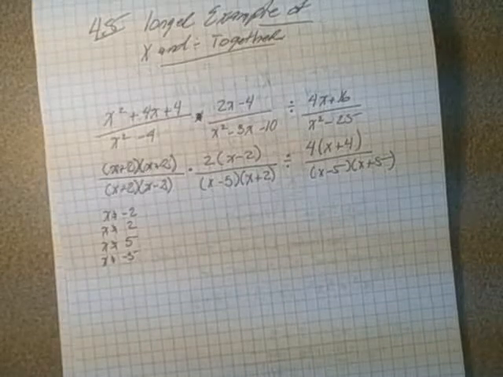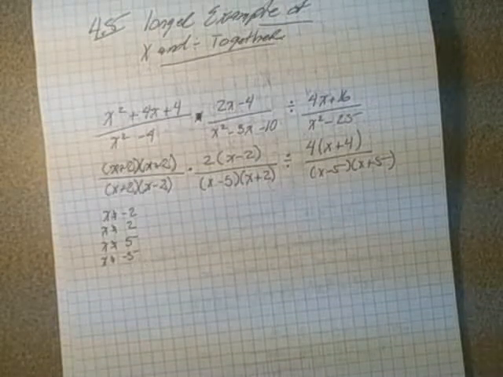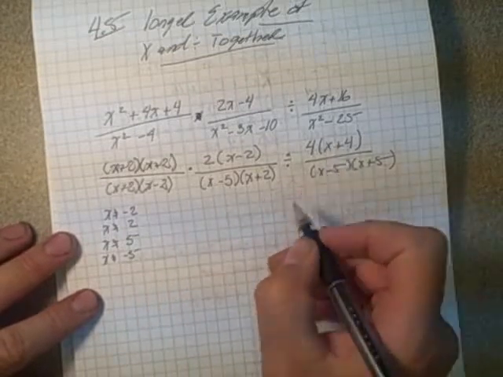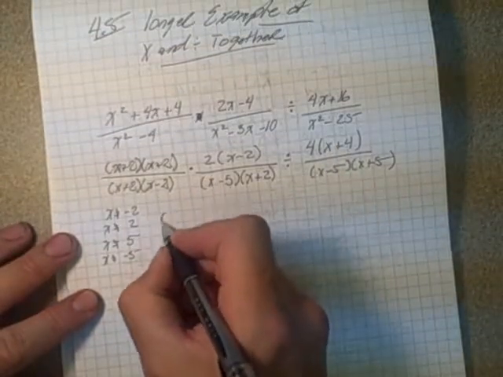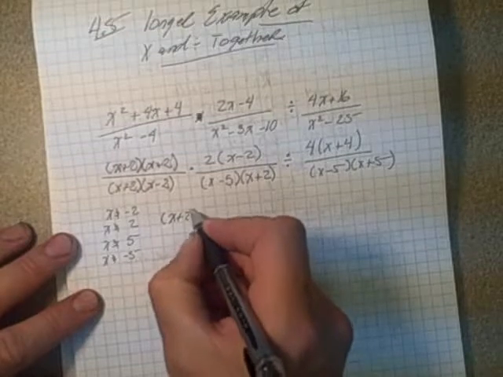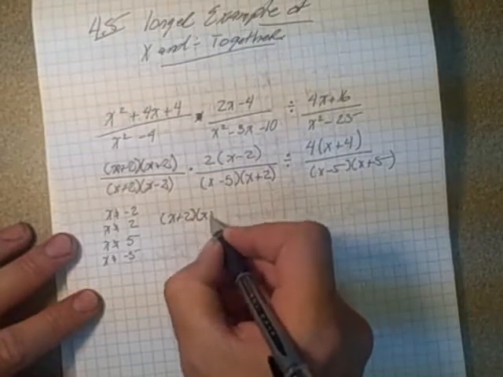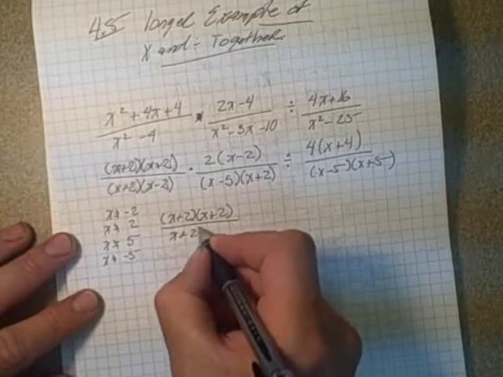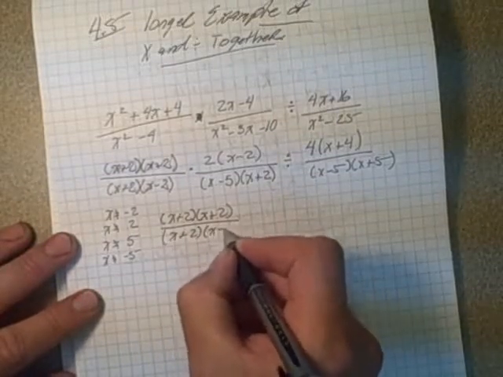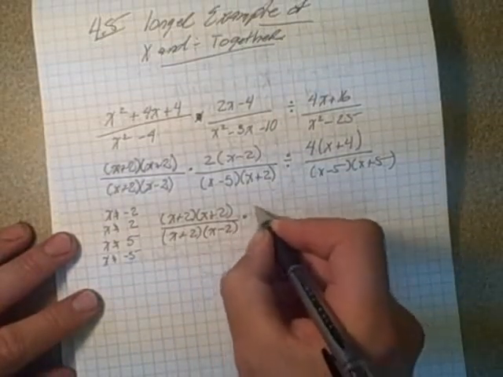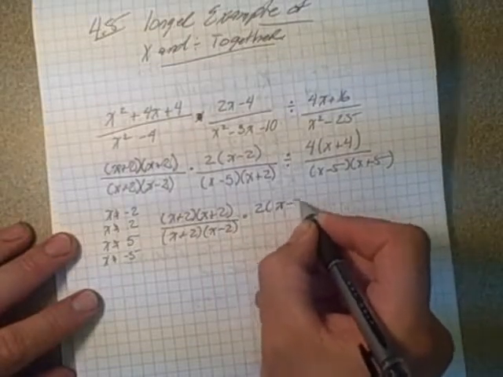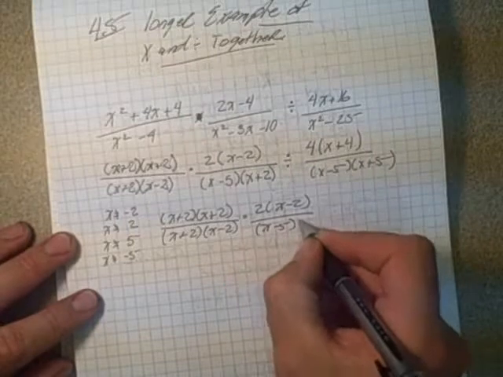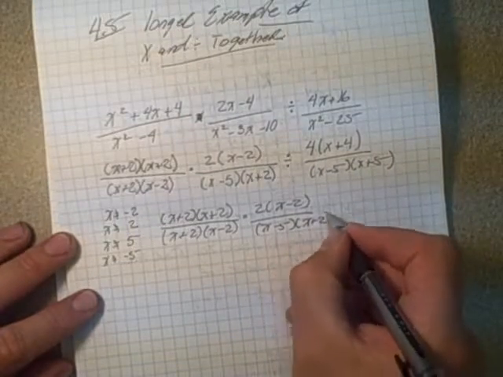This time I'll remember to flip over the dividing part before I go around and do my canceling here. So let's rewrite this and I'll flip this over. So we have x plus 2 times x plus 2 over x plus 2 times x minus 2, times 2 times x minus 2, over x minus 5 on the bottom, x plus 2.